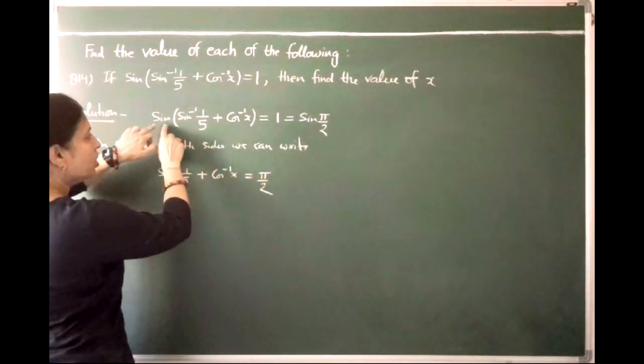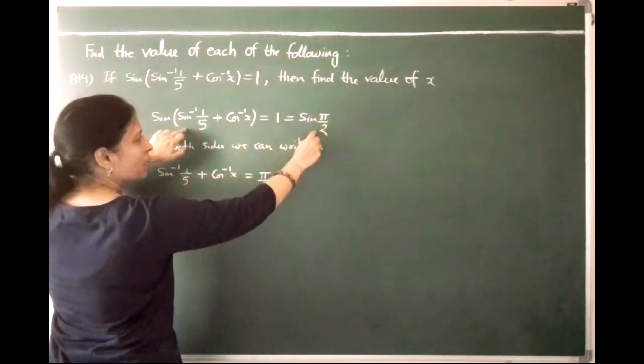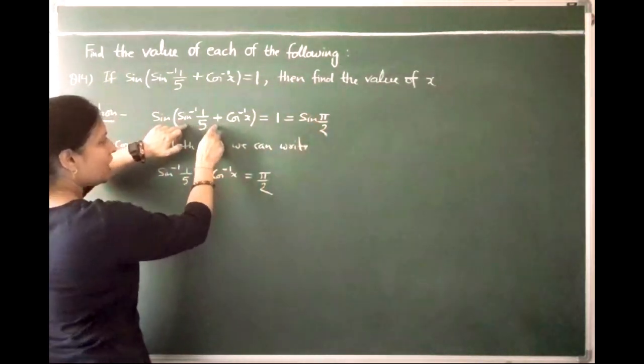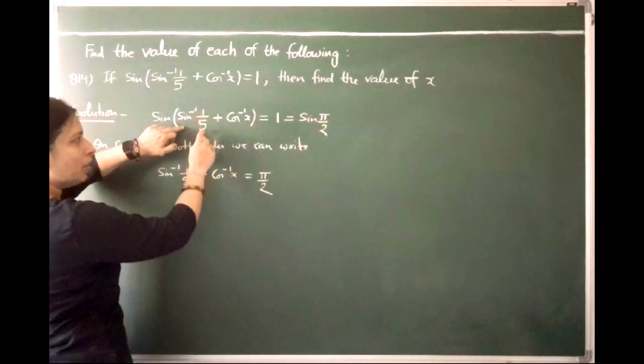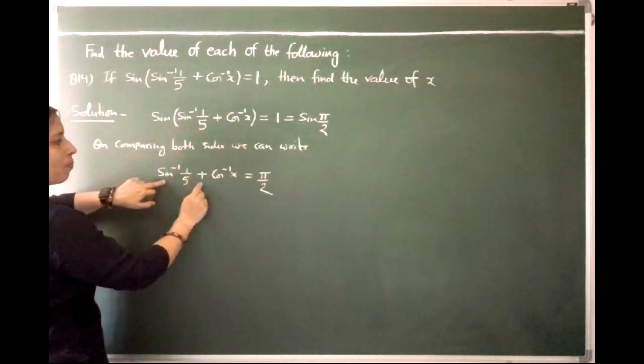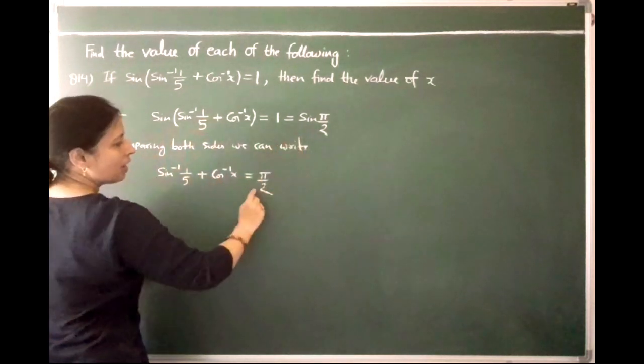Suppose this one is theta, so sin theta is equal to sin pi by 2. So if this one is theta, so theta will be pi by 2. In place of theta it is given sin inverse 1 by 5 plus cos inverse x. So sin inverse 1 by 5 plus cos inverse x will be pi by 2.